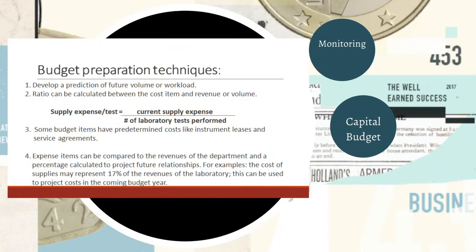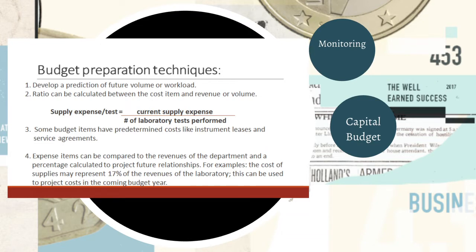To make a budget, management should observe the following techniques. Number one is to develop a prediction of future volume or workload. And a ratio can be calculated between the cost item and revenue or volume using the supply expense per test formula. Supply expense per test is equal to the current supply expense divided by the number of laboratory tests performed.